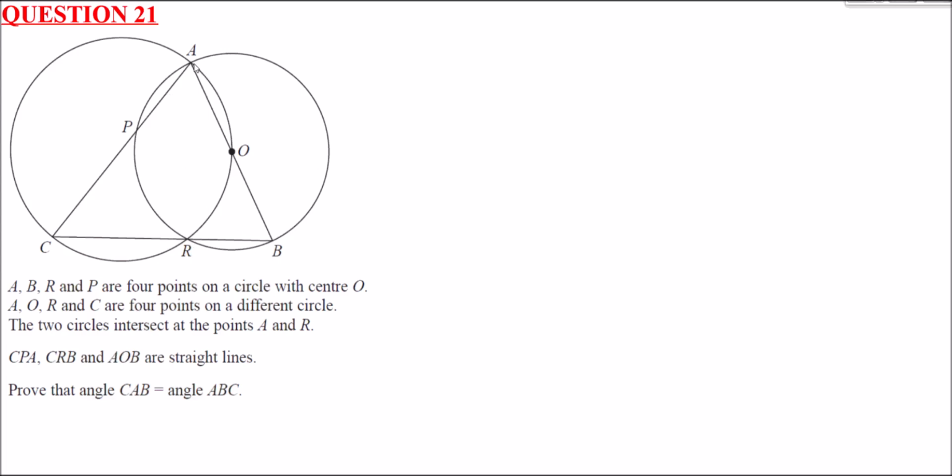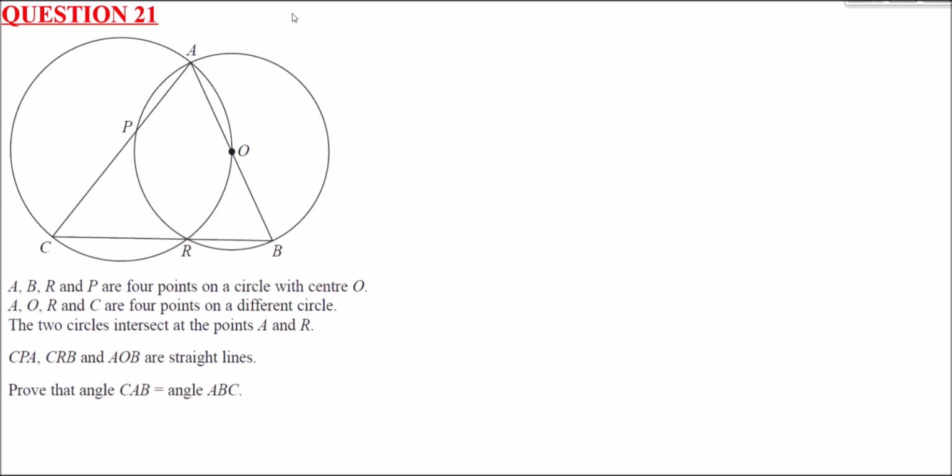So A to B to C makes a triangle, essentially. We need to prove that CAB, this angle at the top, equals angle ABC, this angle at the bottom. So we need to prove that this one is the same as that one. Now this can really stump people, and I can totally understand why. It takes a bit of practice to see these questions, how to tackle them, so I'm just going to highlight it now, what you could maybe spot with a bit of training and taking a step back.